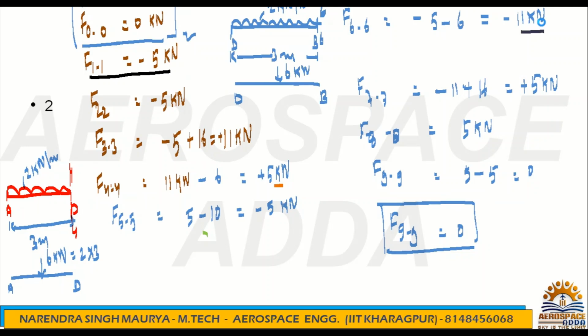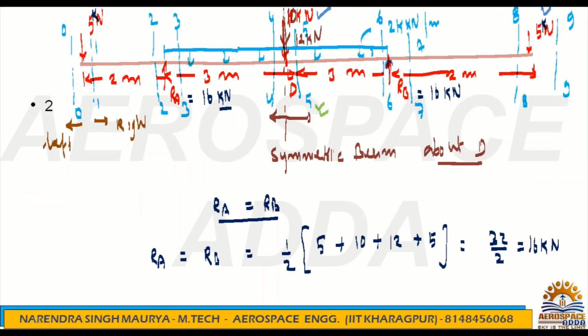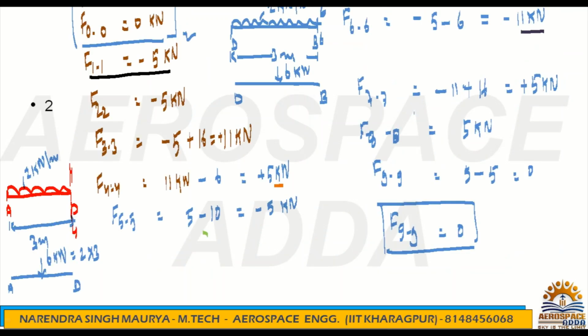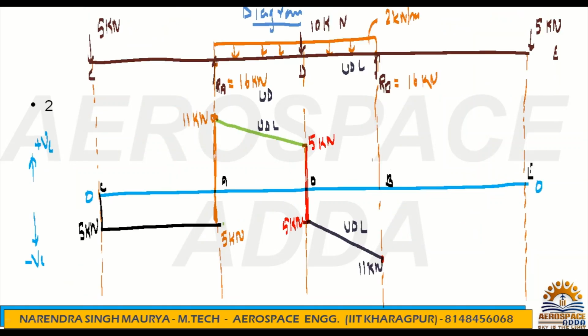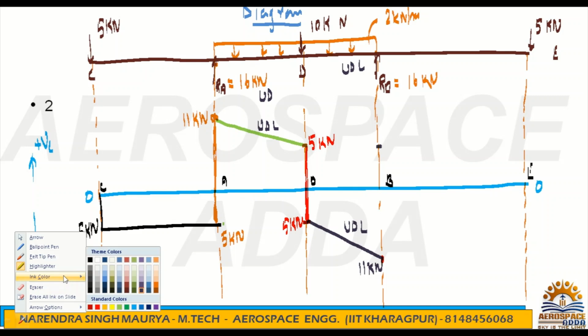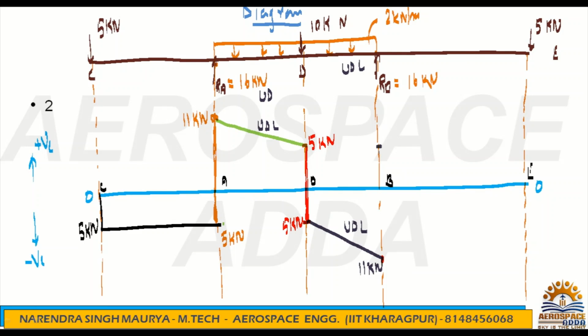Where is the 6-6? Again, if you want to cross check, this is the 6-6, which is just before RB. Just after RB, it becomes 7-7. So 7-7 means it becomes 5 kilonewton again positive. Where is the plus 5 kilonewton? Here. So again you have to go positive. This is 5 kilonewton again.